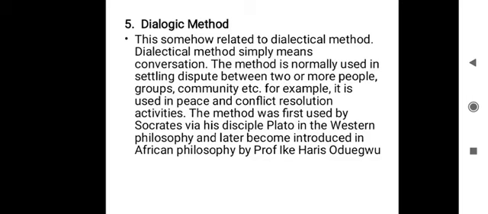The method is normally used in settling disputes between two or more people, groups, communities, etc. For example, it is used in peace and conflict resolution, in settling disputes in marriages, and so on. The method was first used by Socrates via his disciple Plato in Western philosophy, and later was introduced in African philosophy by Professor Ike Harris Odumegwu.